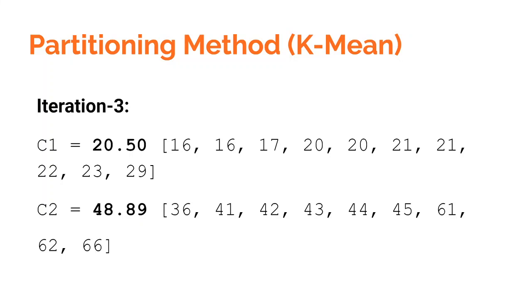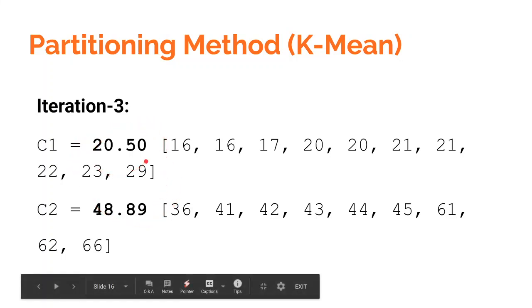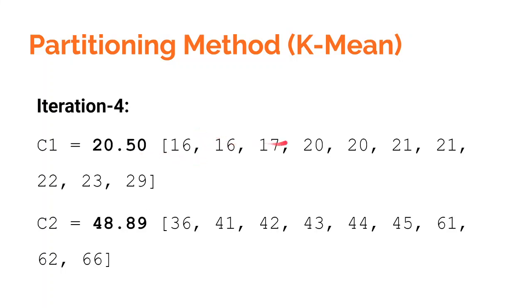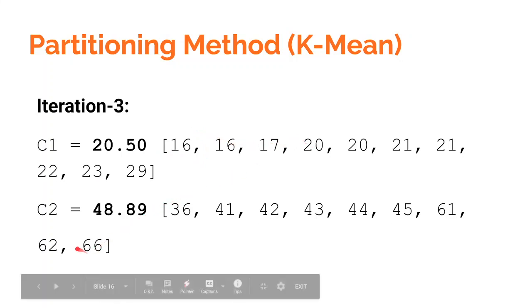Again you need to compare all the data with the respective mean values that you have got in iteration number 3. So if you calculate the difference of 16, 17, 20 with 21, you will get a smaller value than the difference of 16, 17 and 20 with 49.